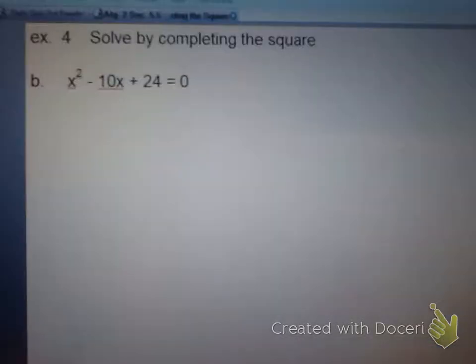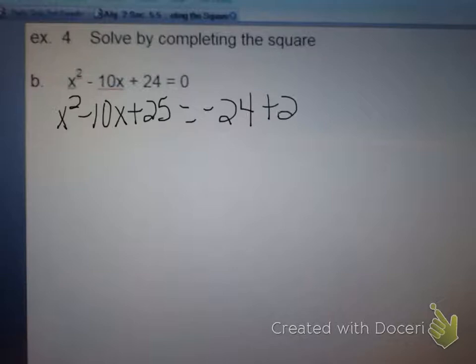Example 4b, 24 is not a perfect square, so I'm going to get 24 on the other side by subtracting it. Half of 10 is 5, squared is 25. So that's (x - 5) squared is equal to 1.